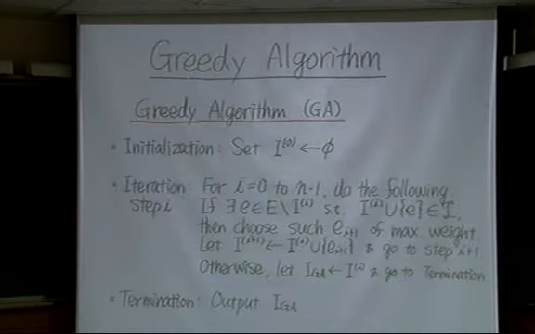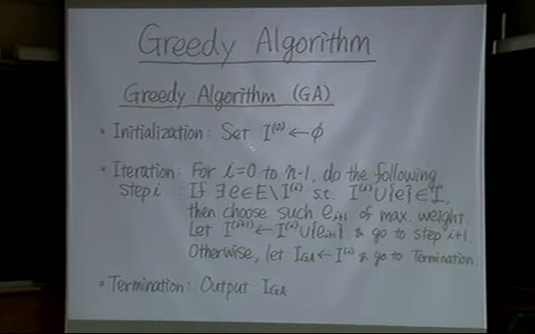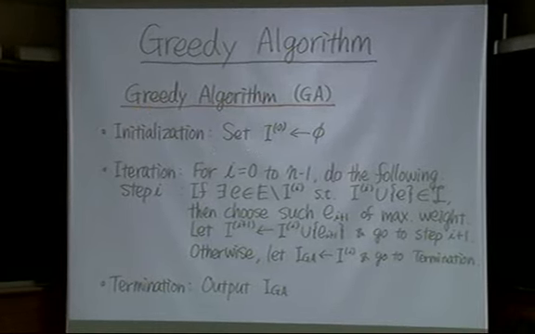Okay, and we will consider an efficient algorithm called the greedy algorithm. The greedy algorithm is the following. First we have I_0 as the empty set, and we iterate the following.